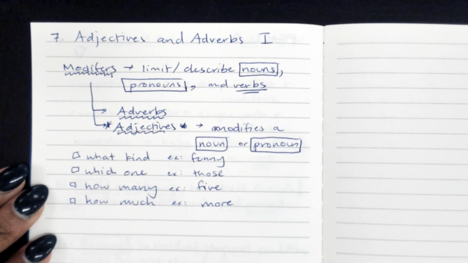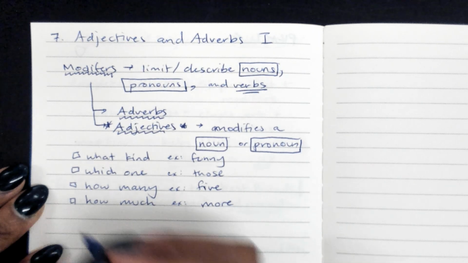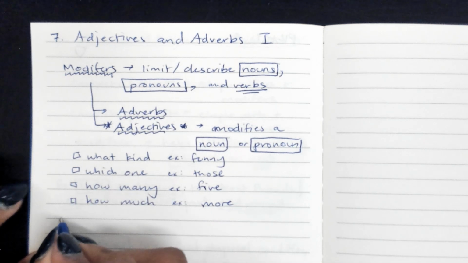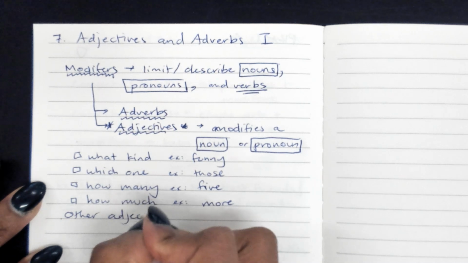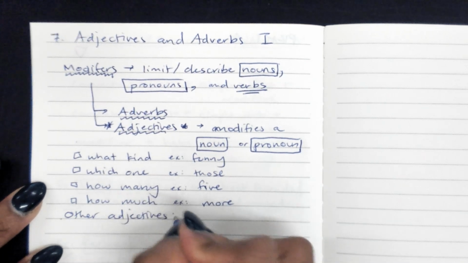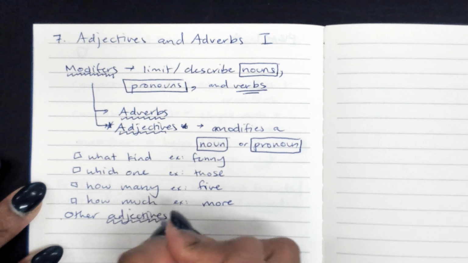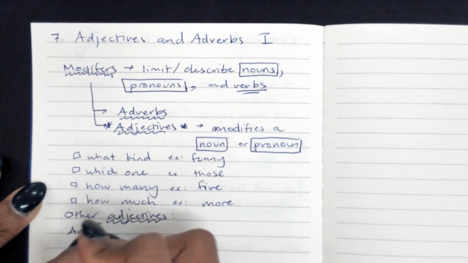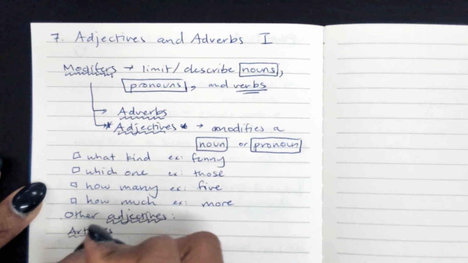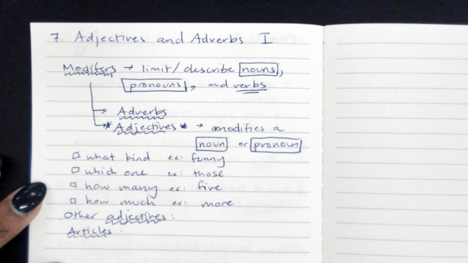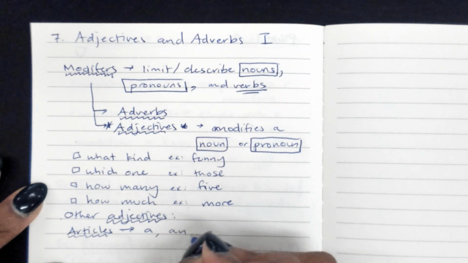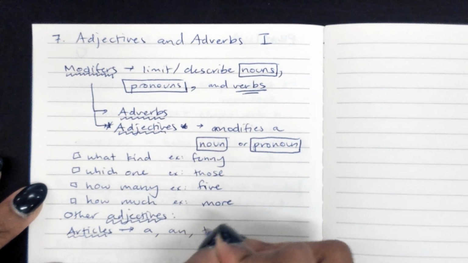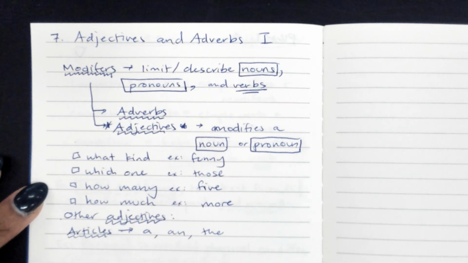Now we also have some other adjectives. These include articles. Articles are a, an, and the. These are adjectives.